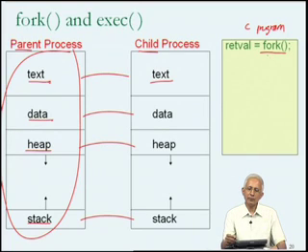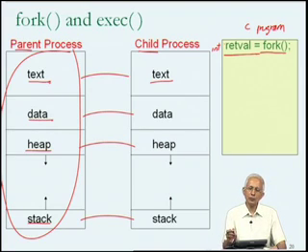Now, if you read details about fork, you will find out that fork has a return value. And therefore, when I call fork, I call it with an assignment, and I remember the return value from fork in the variable called retval. Retval is an integer. So the integer variable retval.